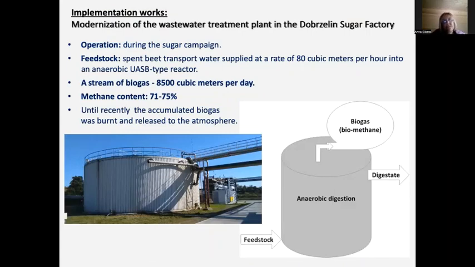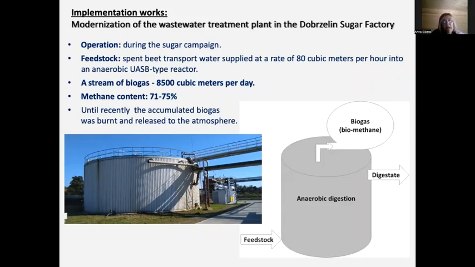UASB bioreactors. Stable isotopic analysis of carbon and hydrogen evidenced that acetate and lactate favored the acetotrophic pathway, whereas propionate and butyrate favored the hydrogenotrophic pathway of methane formation.